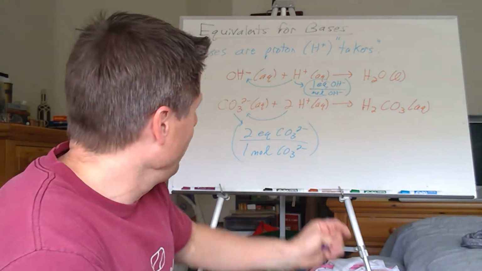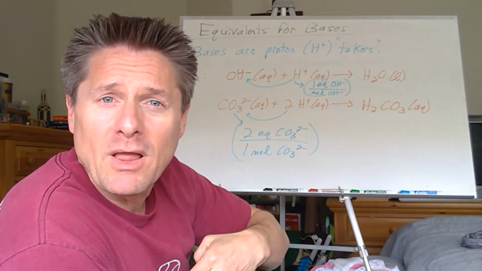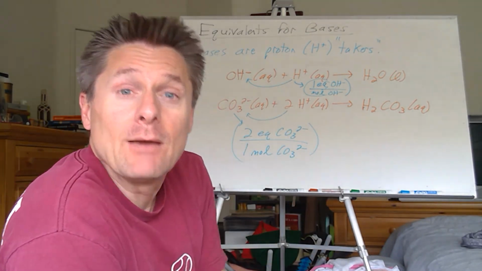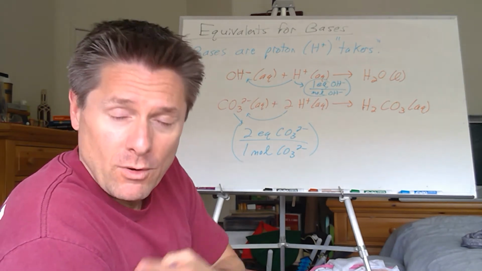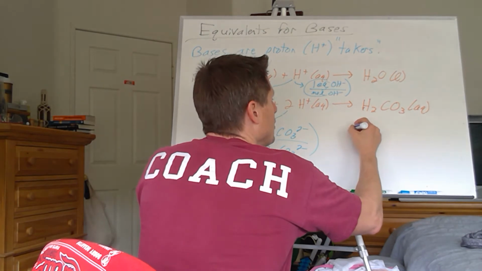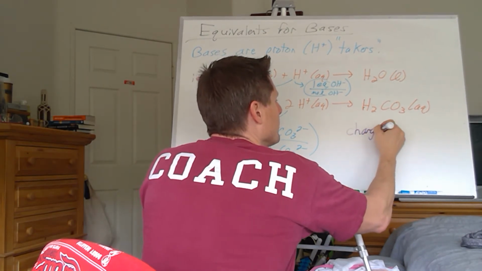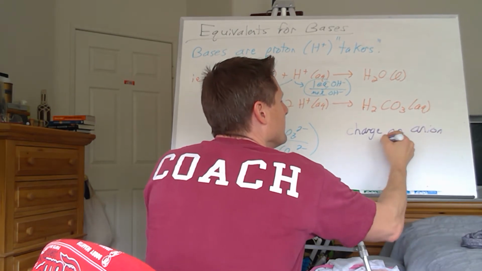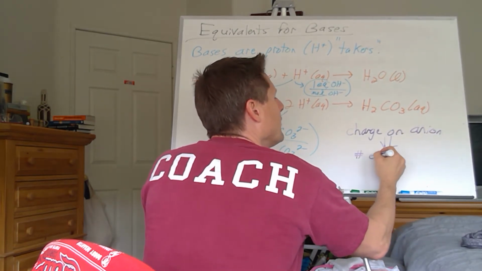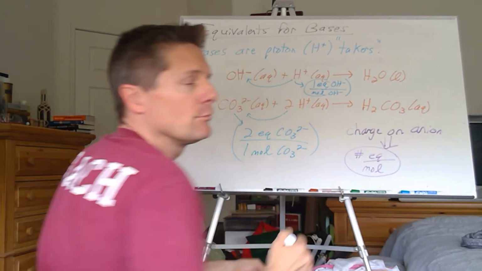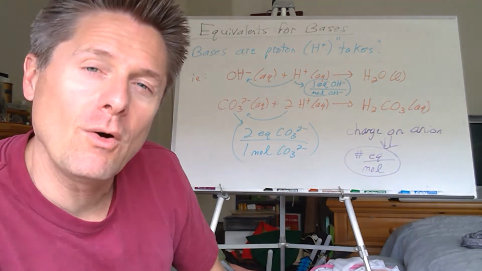In the real world, what if carbonate only picked up 1 H plus to form HCO3 minus? Well, in that scenario, it would be 1 equivalent per mole. But we're going to make the assumption that it will go to completion, right? So the charge on the anion is the number of equivalents per mole.